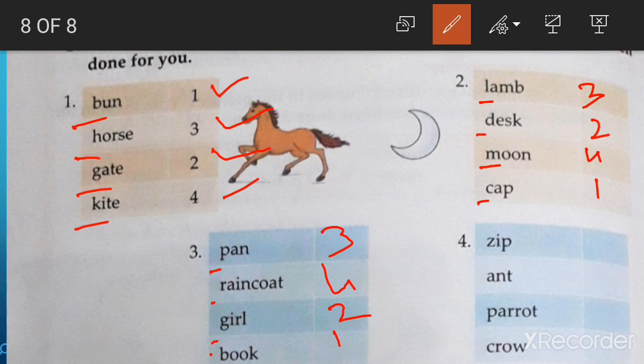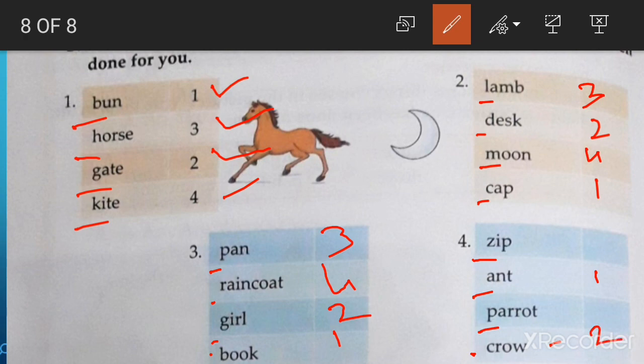Number 4, zip, Z, ant, A, parrot starts with P and crow with C. Again read ABCD. A, so ant comes first, so ant will be the first word. Next A, B, C. Here is the word with C, crow.